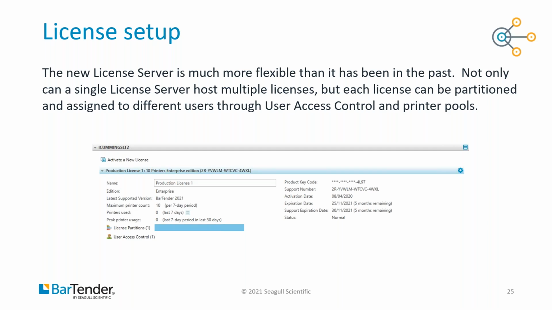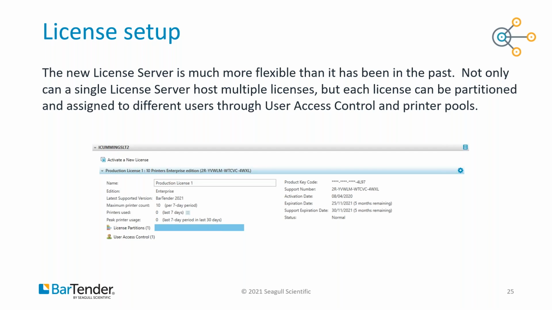The support expiration date refers to the software maintenance. So the user can check when their software maintenance is due to lapse. So you can see there that mine is due to lapse in November of this year at the end of the month.